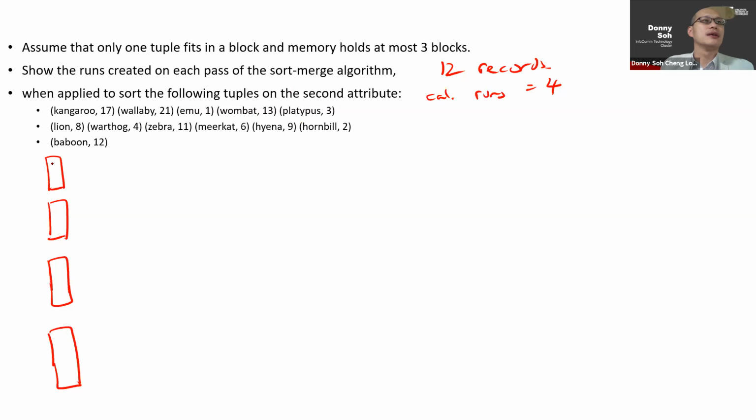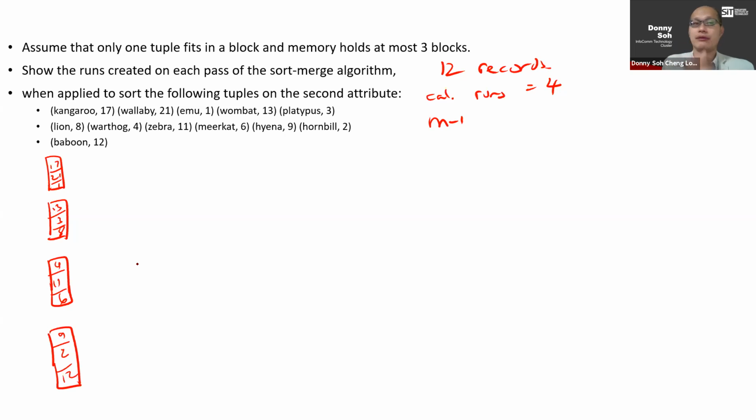So I have 17, 21, and 1; 13, 3, and 8; 4, 11, and 6; 9, 2, and 12. Then, because it's 3 blocks, I'm going to do M minus 1.